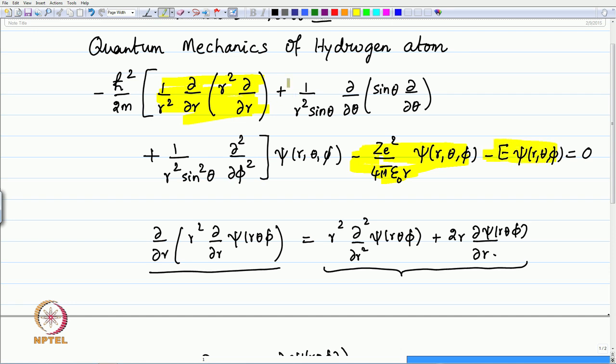When you multiply the whole equation by r square, you would see that these are the only terms which will depend on r, and the other term will have the r square removed, so they will depend on theta and phi.